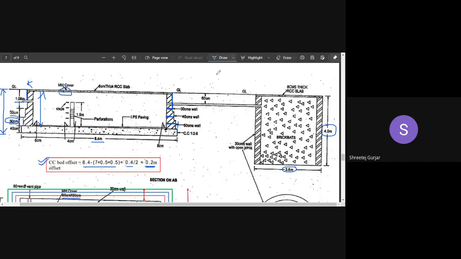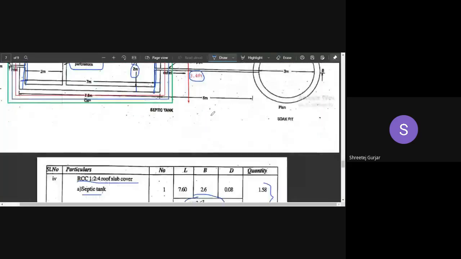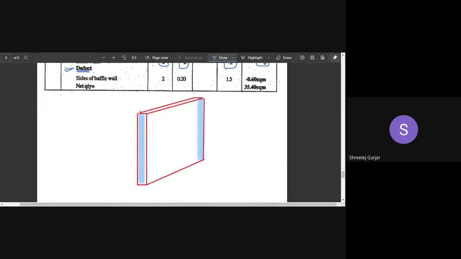So what they have done is for deduction, they have deducted this surface, which I have marked in blue. This surface is in contact with your long wall, and similarly on the other side, right? They have deducted it because it is in contact, so no need to plaster this part.